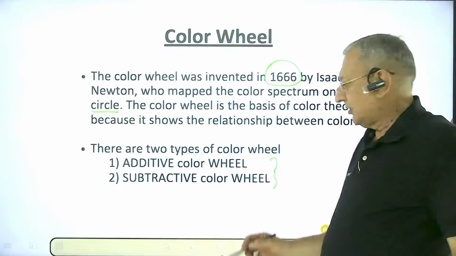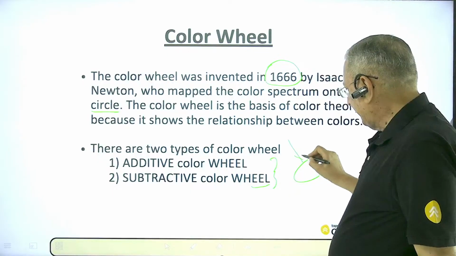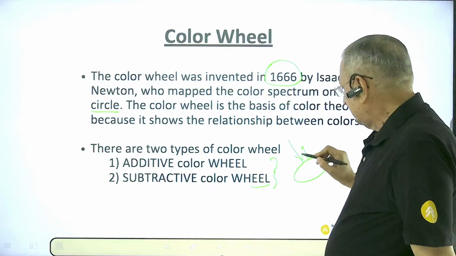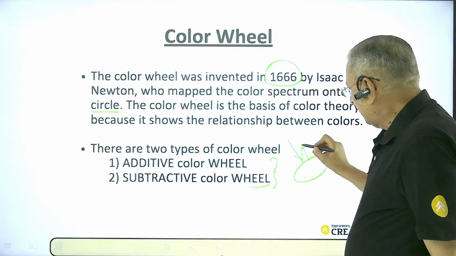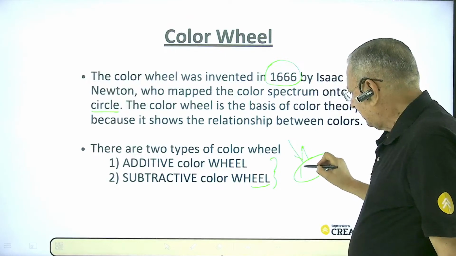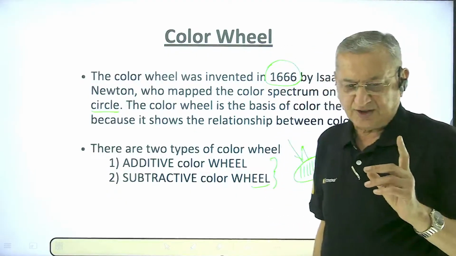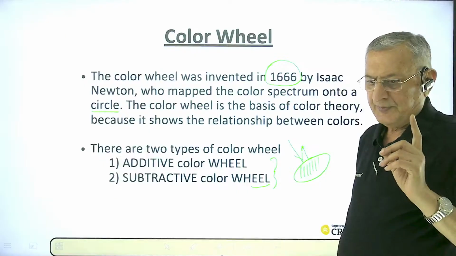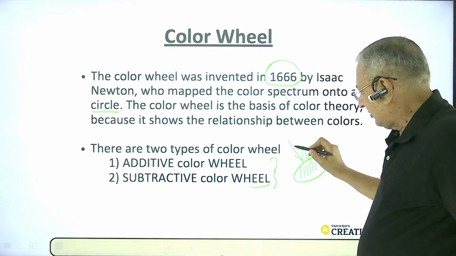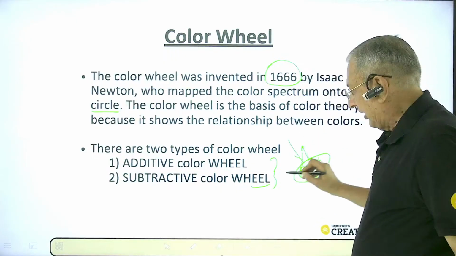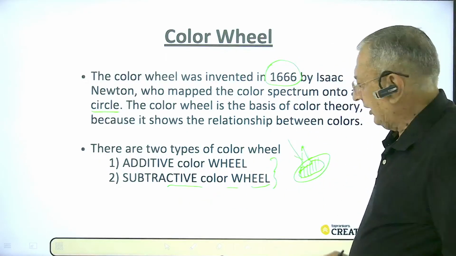Color pigment is subtractive color, because when light comes to a pigment, it reflects certain electromagnetic waves out of the three colors it has received, RGB. When it is absorbing the rest of the color, that is why it becomes subtractive color theory.